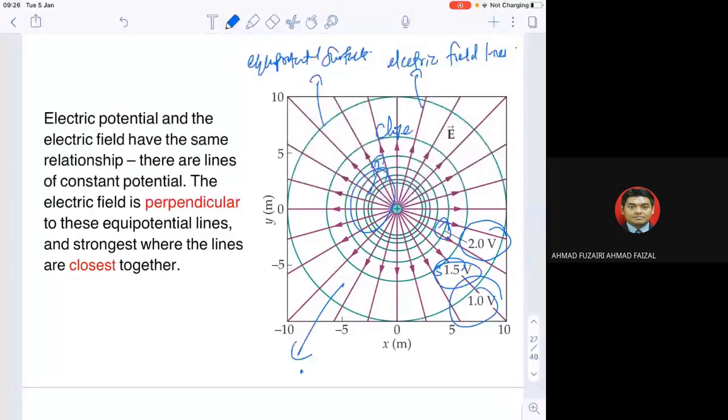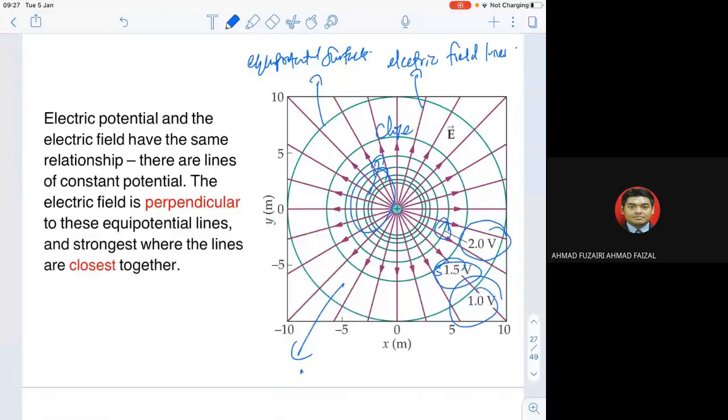So the closer you are to the charge, the higher the value of the potential difference should be. When it moves away from the positive charge, the equipotential surfaces are reduced in the value of potential difference.